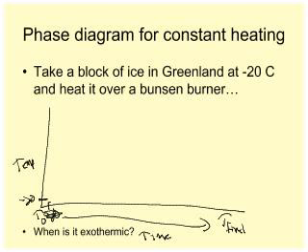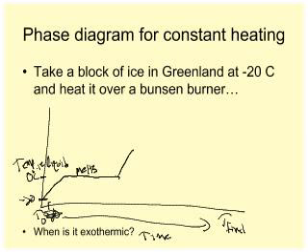So as I heat this at -20, it's going to get warmer and warmer and warmer, and then it stops getting warmer for a while. It stops getting warmer at the magical temperature of 0 degrees Celsius. That is where this guy melts. Then it starts getting warmer and warmer again. It cannot be 0.1 degrees Celsius until it is a liquid.